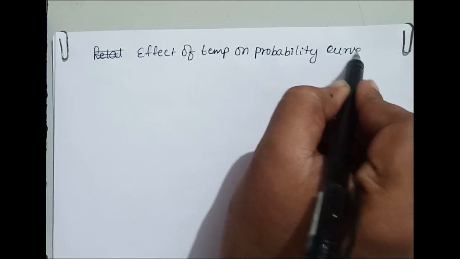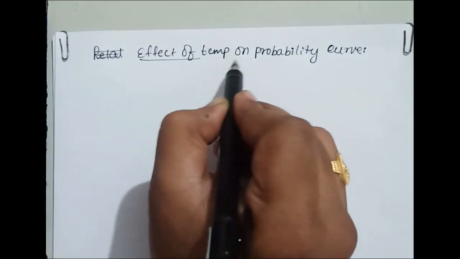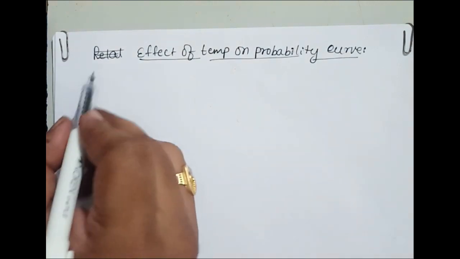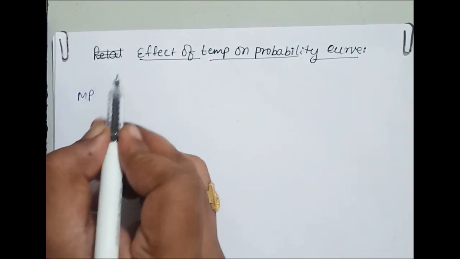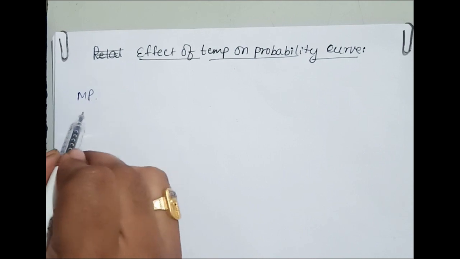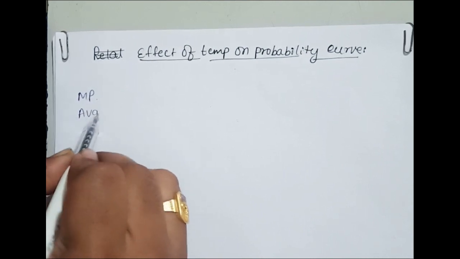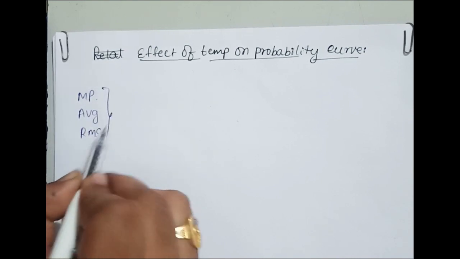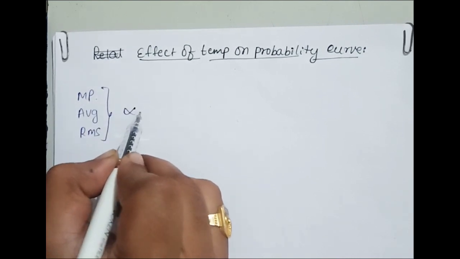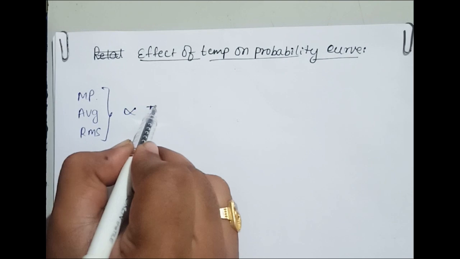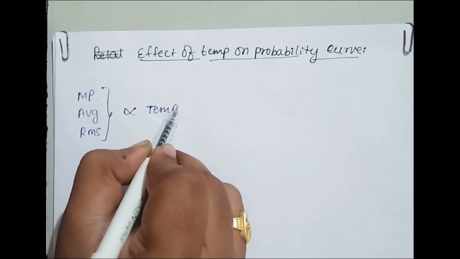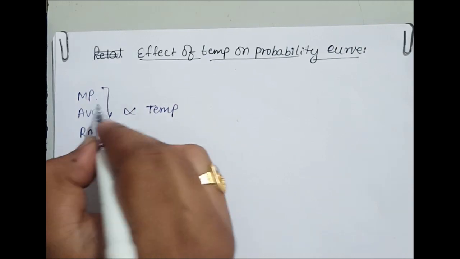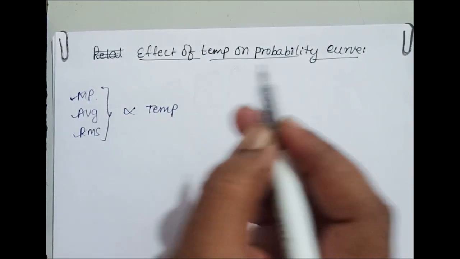What we have understood is that whether you take most probable velocity, average velocity, or RMS velocity, in the formula it is very clear they are all directly proportional to temperature, correct? Means as temperature increases, all these velocities will increase.